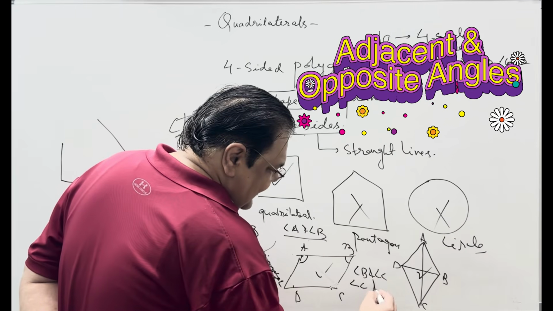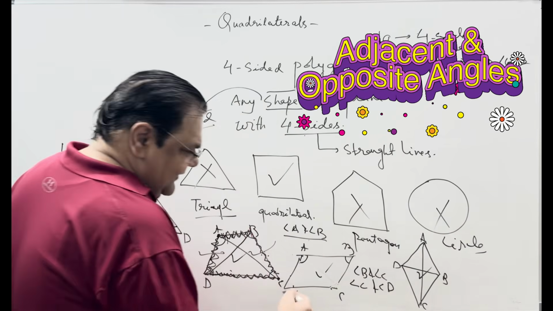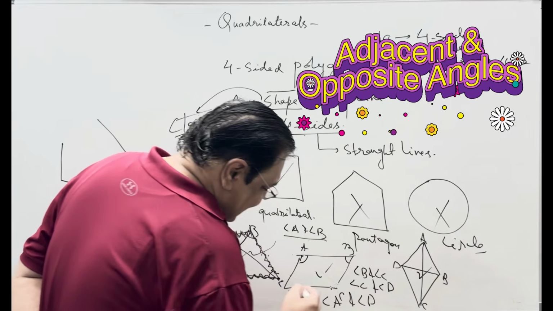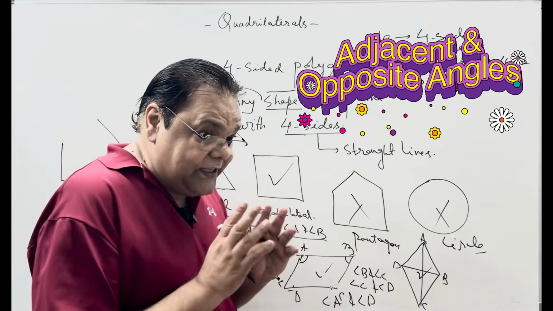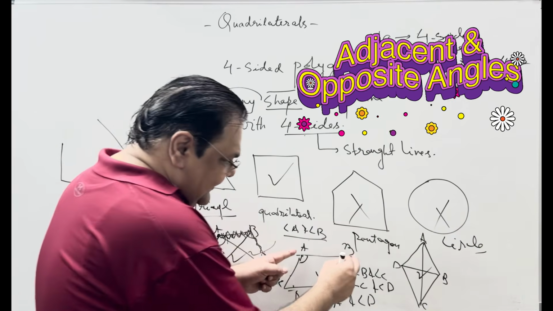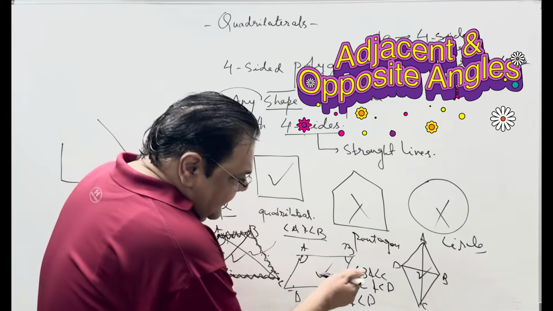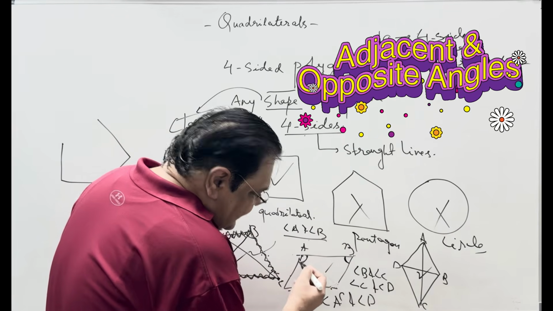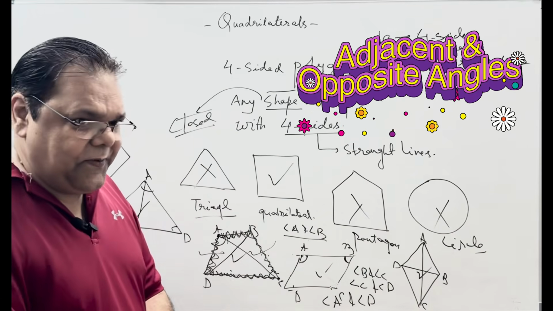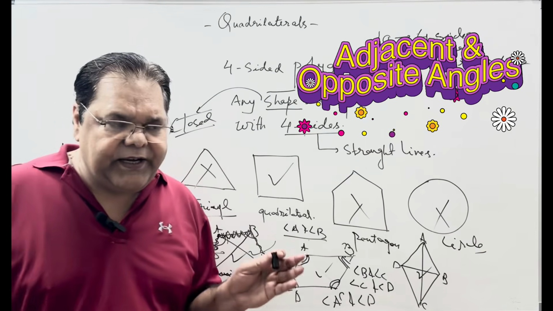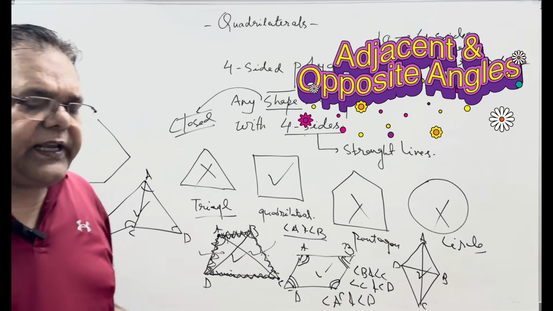Angle C and angle D are also adjacent. And angle A and angle D are also adjacent. There are 2 things, sides and angles. This and this are adjacent sides. This and this are adjacent angles. My purpose here is to explain adjacent sides, adjacent angles, opposite sides, and opposite angles.